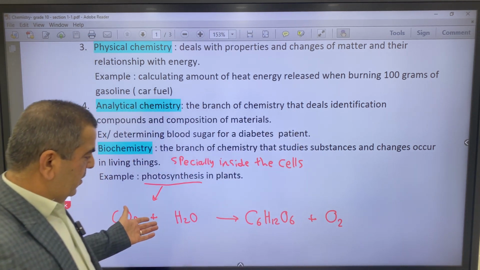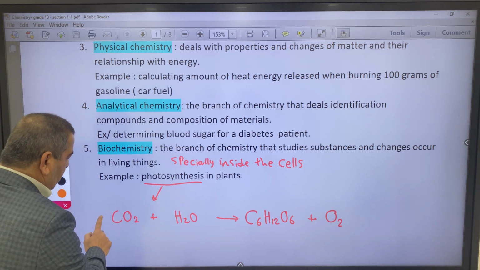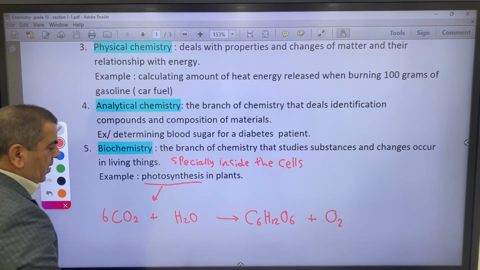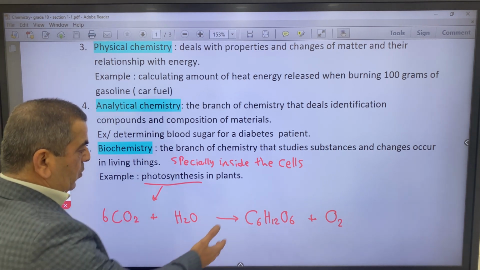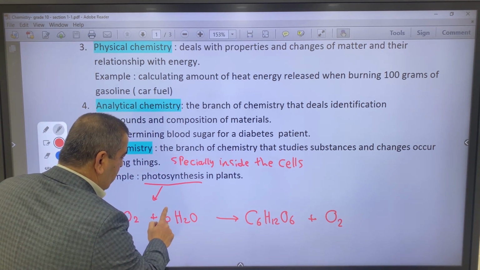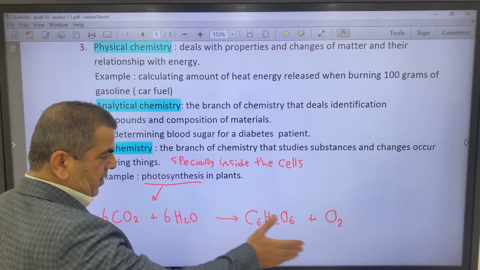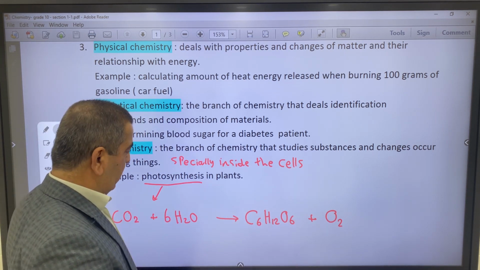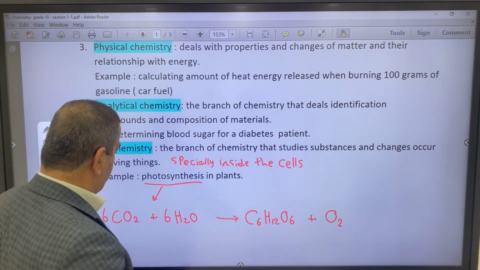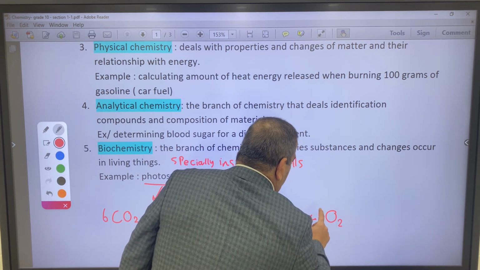This is not a balanced equation because we have 6 carbon atoms here and only 1 there, so we add a coefficient of 6. Now we have 12 hydrogen and only 2, so we also add 6 here. And we have oxygens here. Of course, in the next grade, we will study balancing. Anyhow, we will also need a coefficient of 6 here.